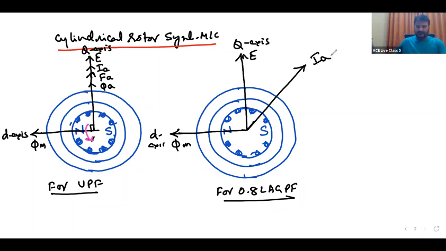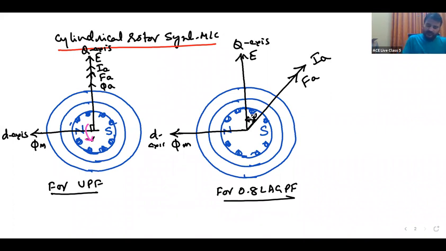This is IA, and when this is IA, FA is also in the same direction, and phi A also in the same direction. Of course, this is the internal power factor angle psi that I am taking, where psi is equal to phi plus delta.